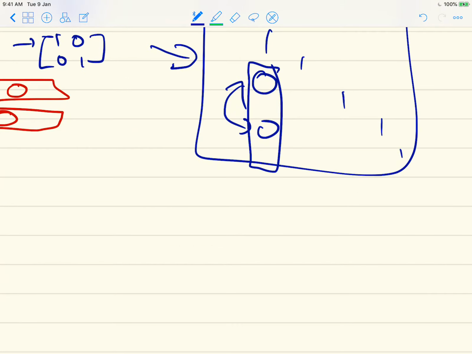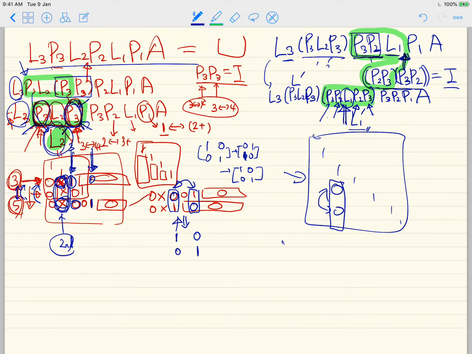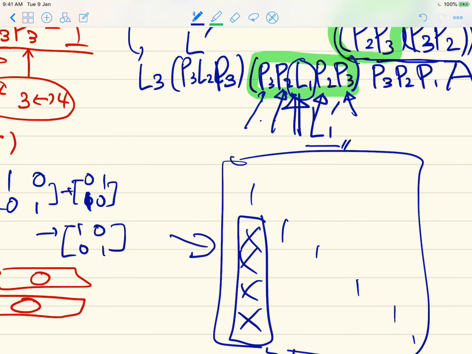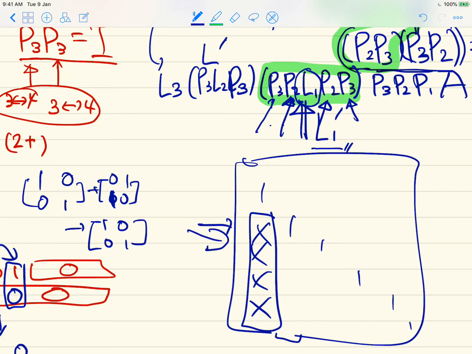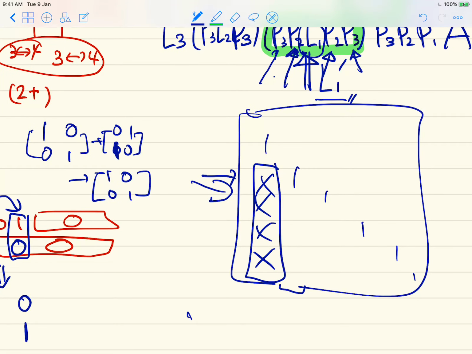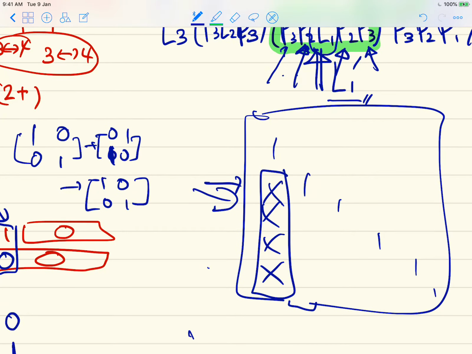So L1 is, let's use this guy. We have some non-zero entries on the lower part of the first column, and then what is the P2? P2 is interchanging the second row and one of the lower rows, maybe the second one and the fifth one.